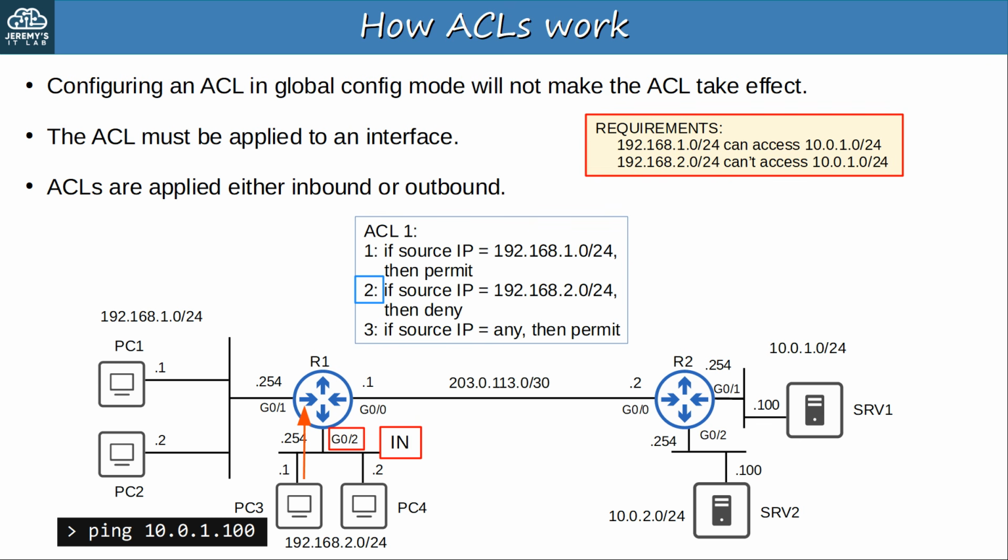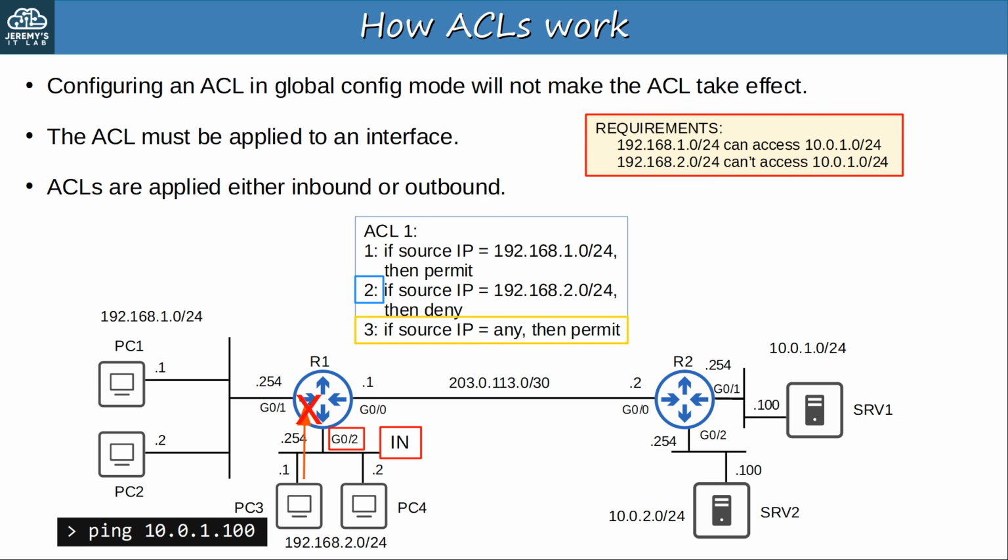That means R1 will take the specified action, which is deny. So, R1 drops the traffic, it doesn't forward the packet. Once R1 finds a match and takes an action, it stops checking the other entries in the ACL, so this permit all other traffic is ignored. So does this fulfill our requirements? Yes and no.